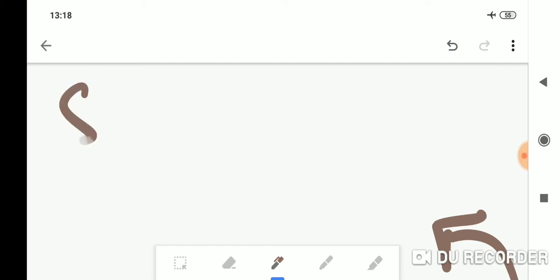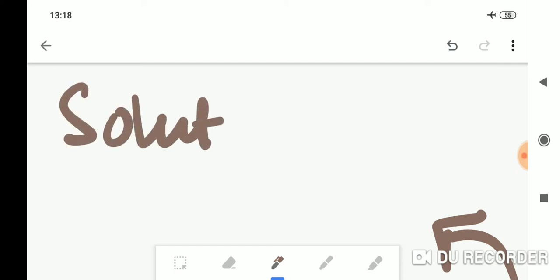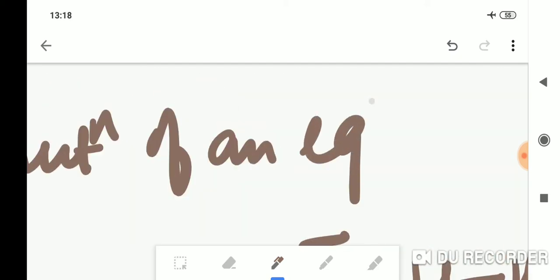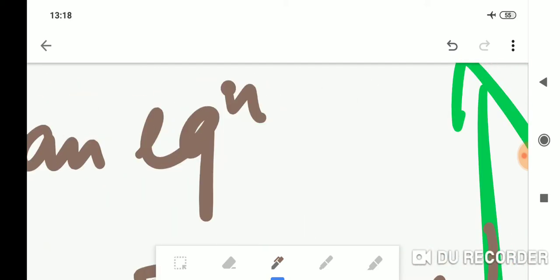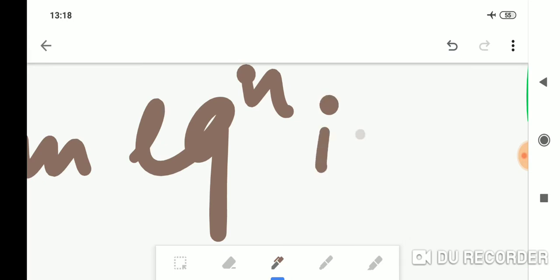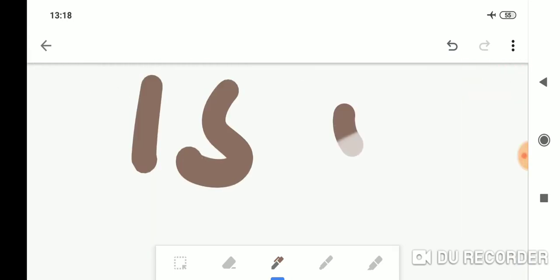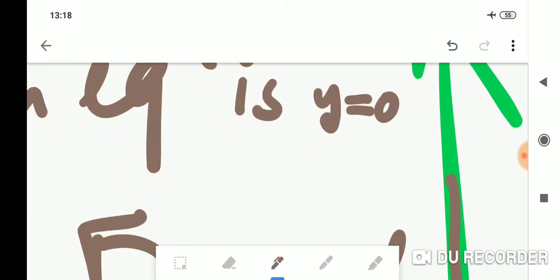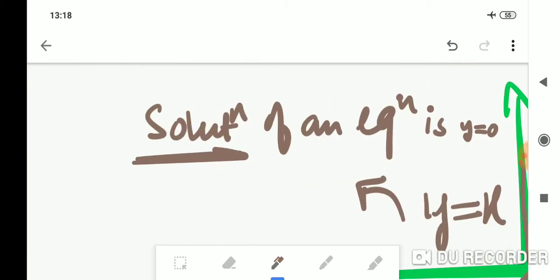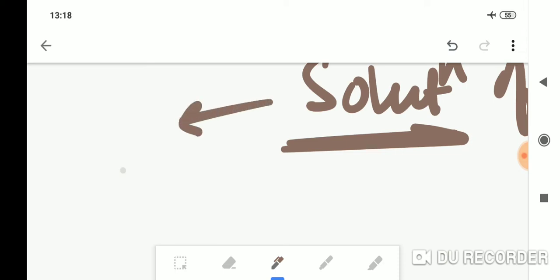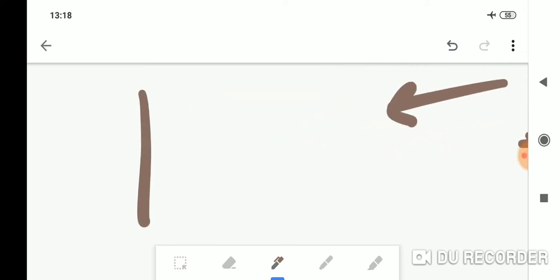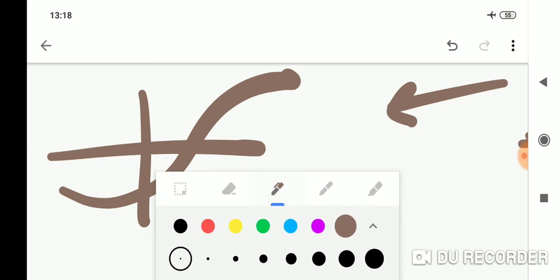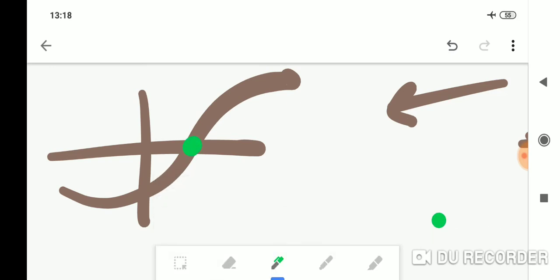The solution of an equation is y equal to 0, which means where the graph actually intersects the x-axis.